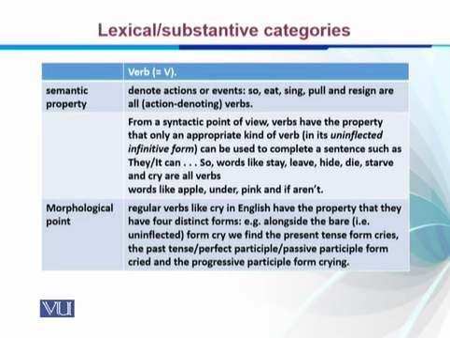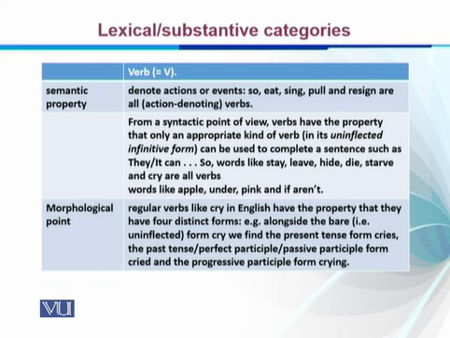From a syntactic point of view, only an appropriate kind of verb in its uninflected or infinitive form can be used to complete a sentence, such as they / it can ___. So we can put a verb here, like they can stay, it can leave, etc. But we cannot bring many other words of other classes.